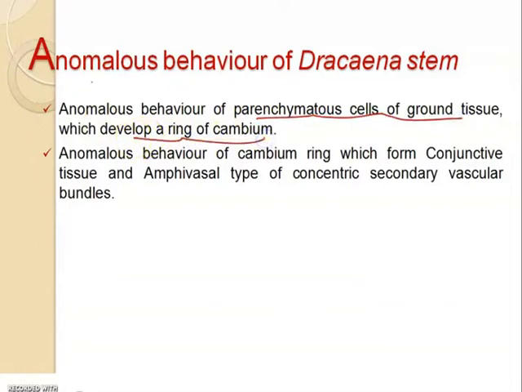And this cambium ring forms the conjunctive tissue and amphivasal type of concentric secondary vascular bundles. So this is the anomalous behavior of Dracaena stem.